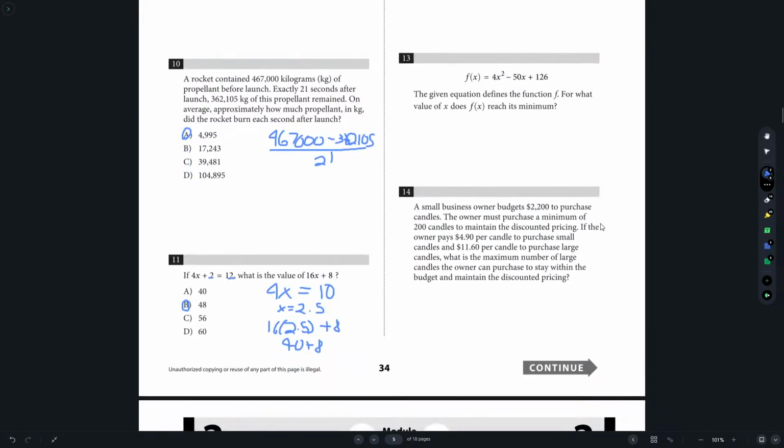The given equation defines the function f. For which value of x does f of x reach its minimum? 4x squared minus 50x plus 126 is the equation. We're going to do negative b over 2a to get our x, which is 50 over 8, which is 12.5.